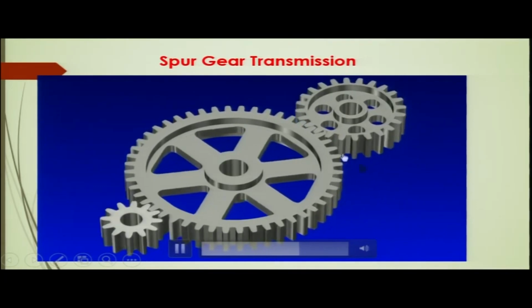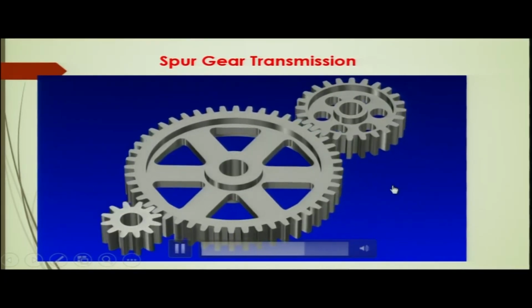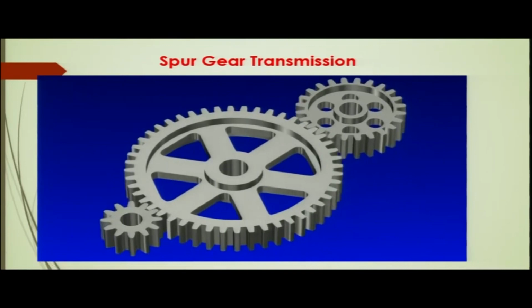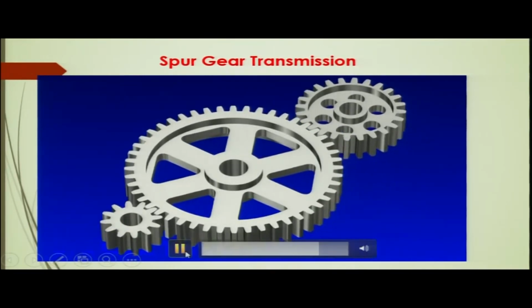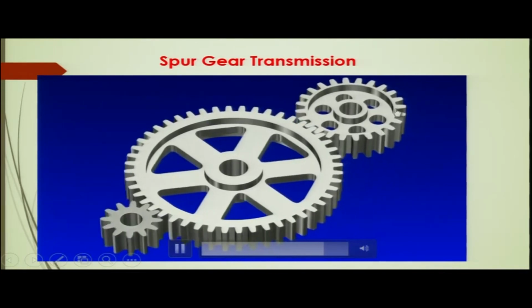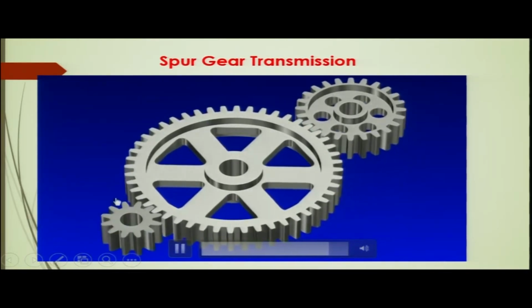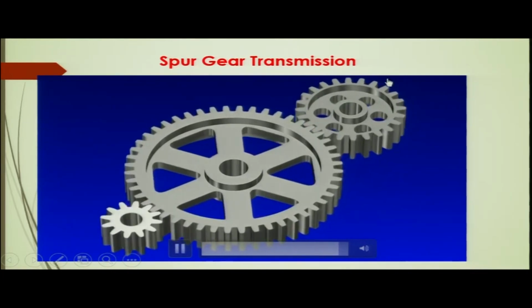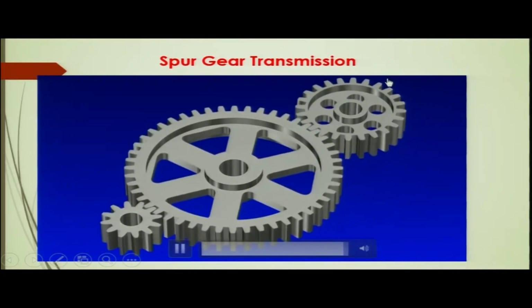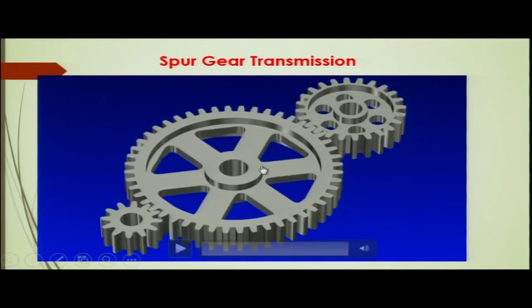So, this is in contrast with what we have seen in the case of the belt drive. Here we are making the direction of rotation of the input gear and the output gear the same, and if that is the requirement, we have to have an intermediate gear, as you can see here. All right.